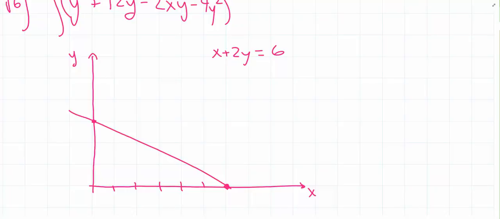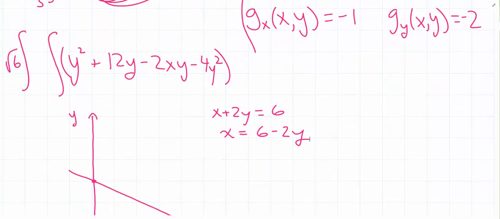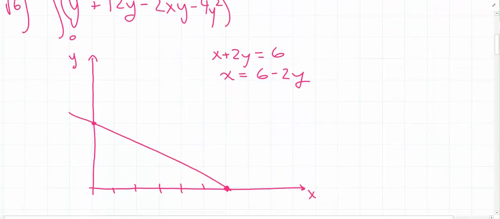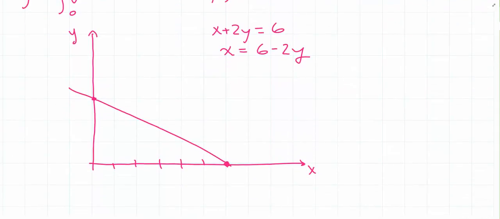So what I can do is say, well, let me integrate with respect to x first. If I integrate with respect to x first, I get 6 minus 2y. So x goes from 0 to 6 minus 2y. Okay, now I've taken care of the x. Well, what is y? No matter how I fix y, x is going from 0 over here to the function for all the values of y.